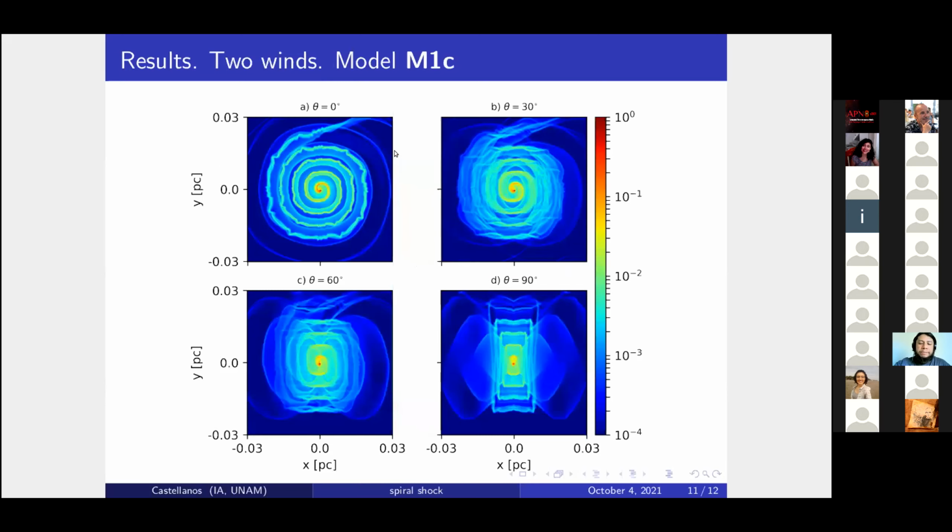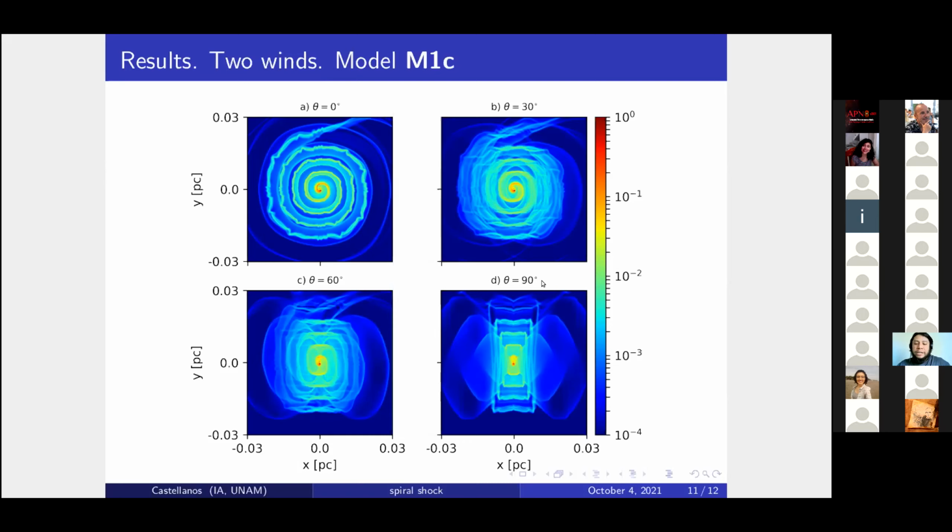From our predicted scattering light maps, we observe a clumpy spiral for 0 and 30 degrees. But for 60 degrees, the map shows a morphology of a spiral with a squarish shape.